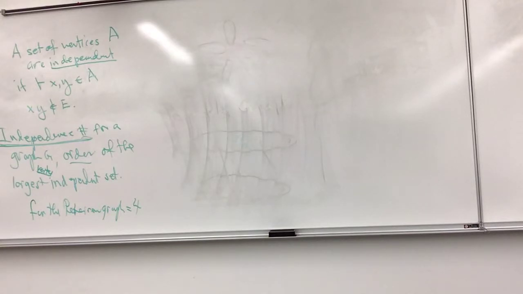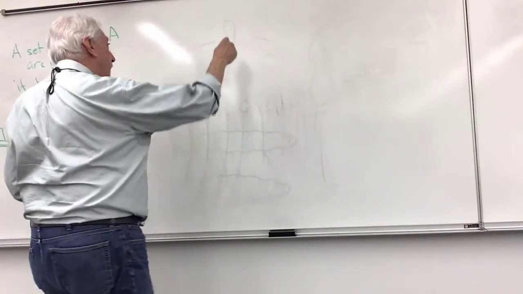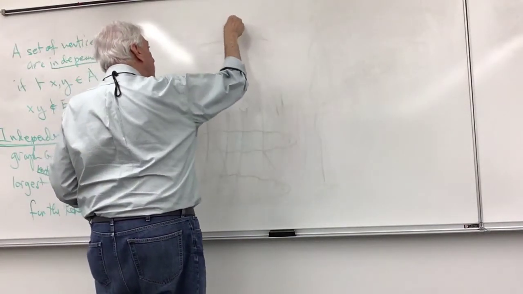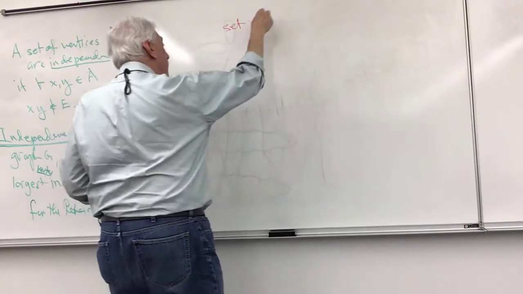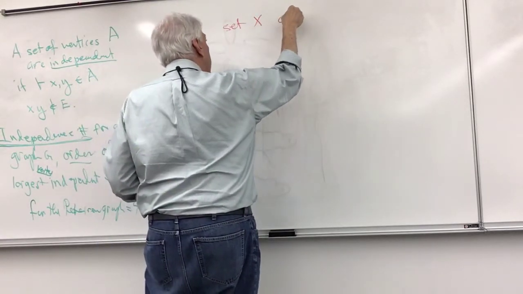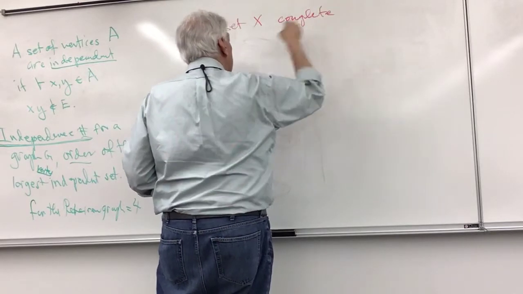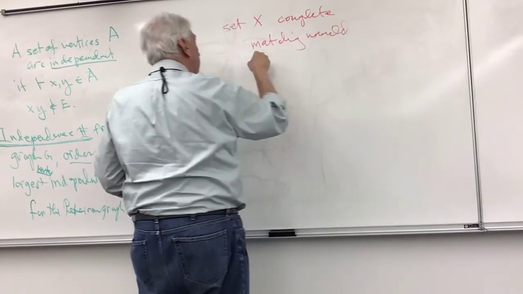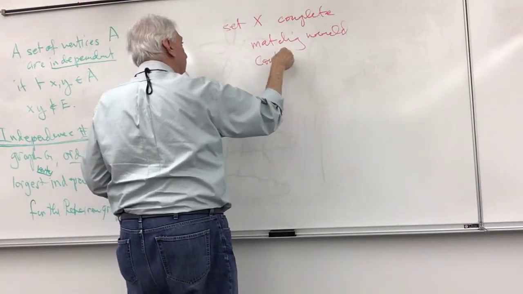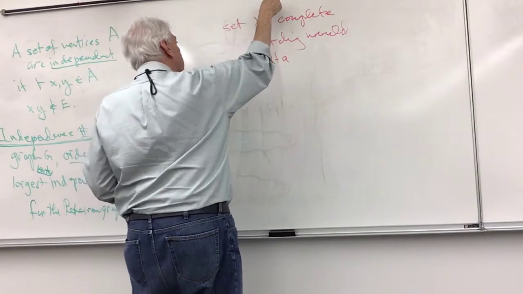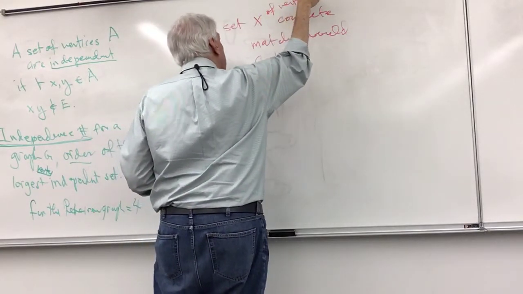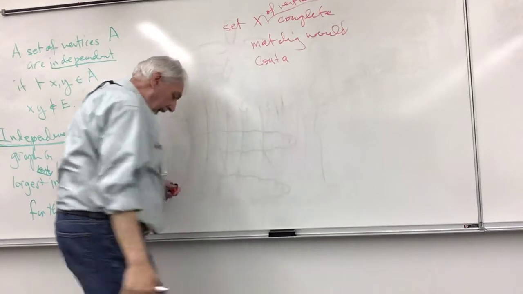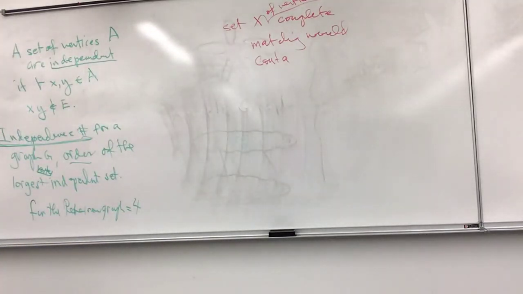Sorry, let's go through it. A complete matching is one that, if I have a set X, would contain all the vertices in X. There's a set X of vertices. He's really at this point primarily thinking about bipartite graphs.